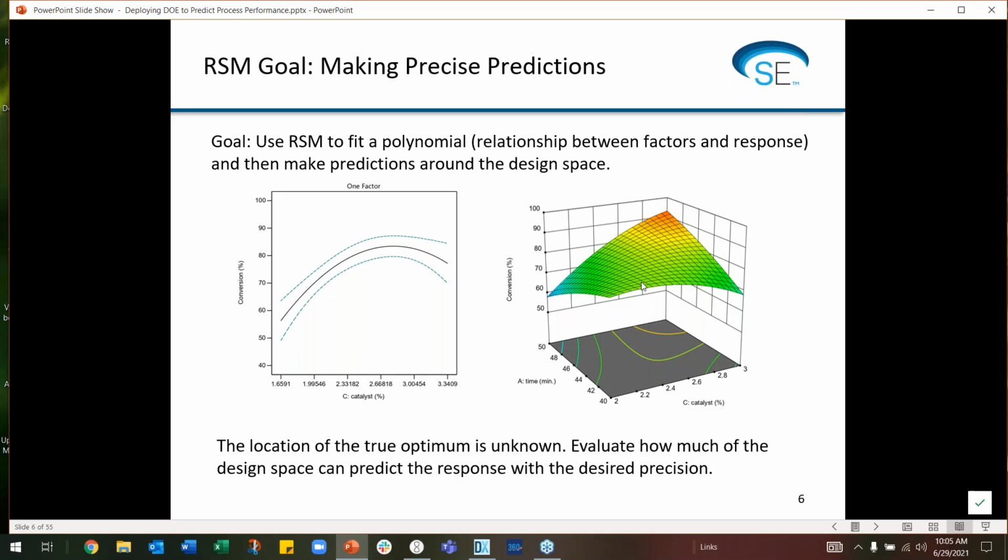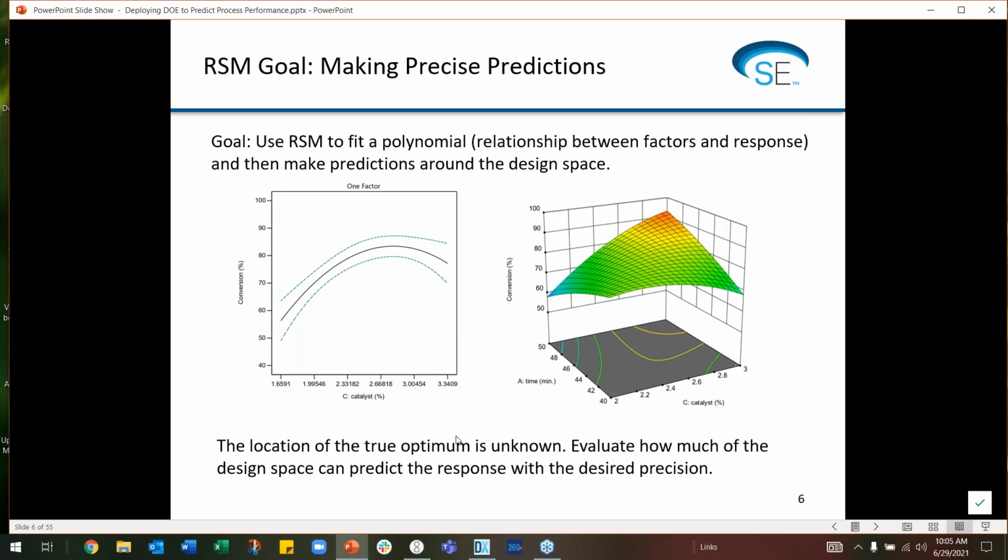Now, we're usually trying to optimize our system, but you don't know the true optimum in advance. If you knew the true optimum, you wouldn't have to be doing the designed experiment. So we are collecting data and fitting the polynomial in order to discover the true optimum. So the location is unknown.